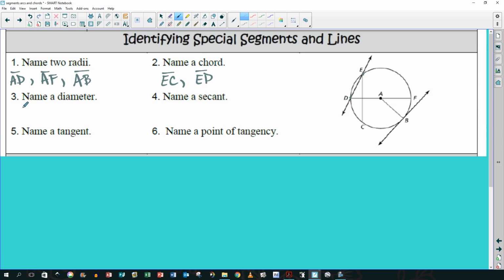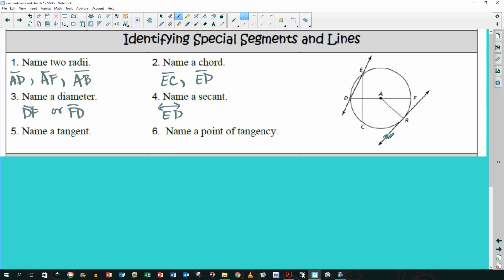Name a diameter. DF or FD, however you want to name it. DF or FD, order doesn't matter. A secant is a line that goes through, so it goes all the way through the circle. So I would say line ED. A tangent line is one that touches it exactly in one place.